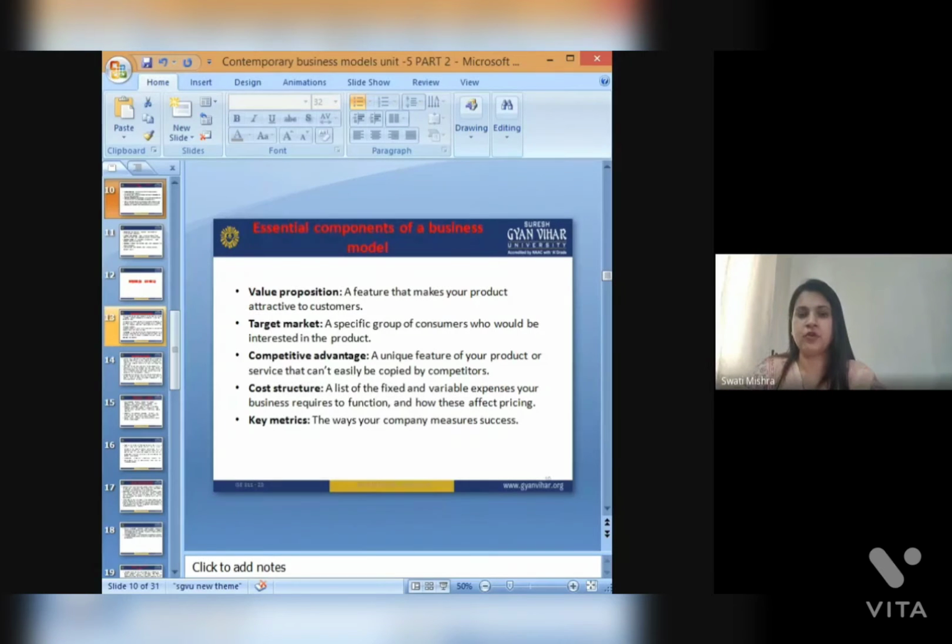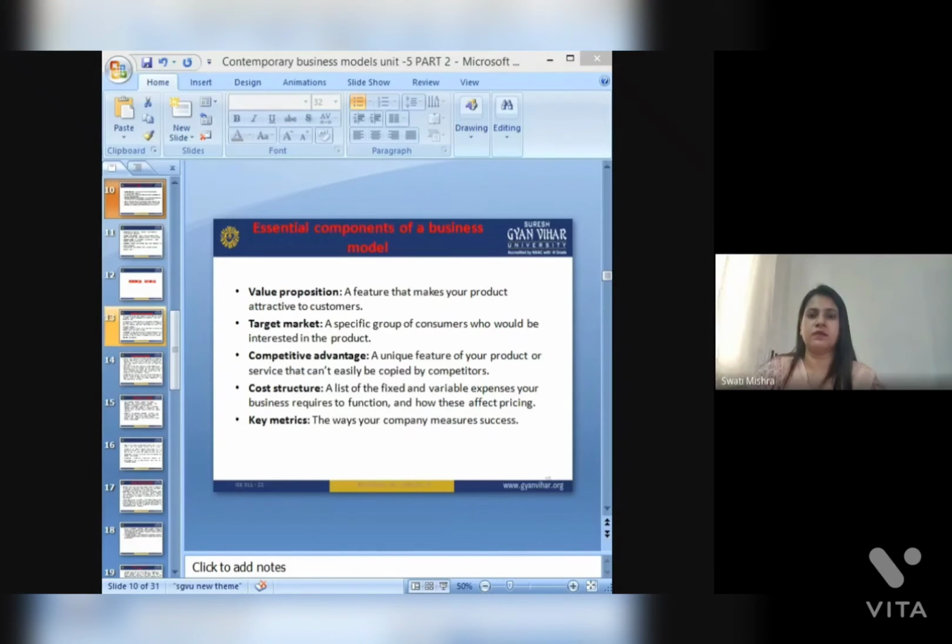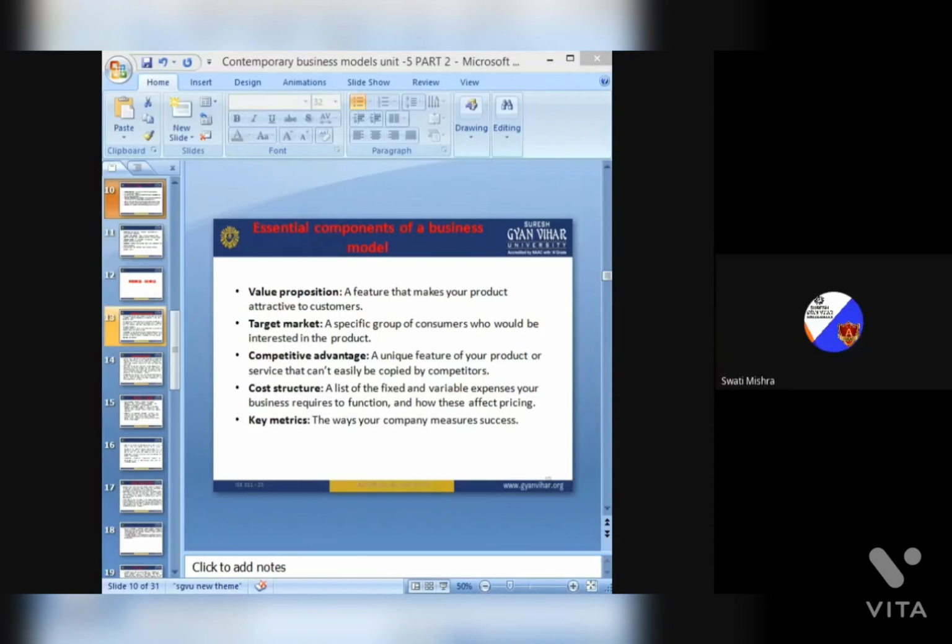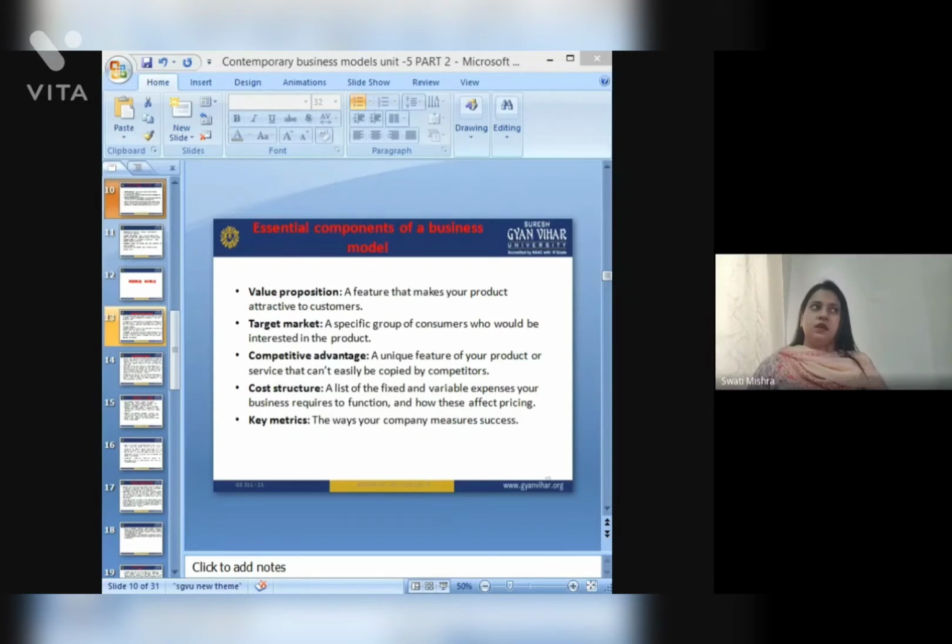So then, of course, the next one is none other than the key metrics. So what are these key metrics? These are the ways in which your organization or your company is measuring success.